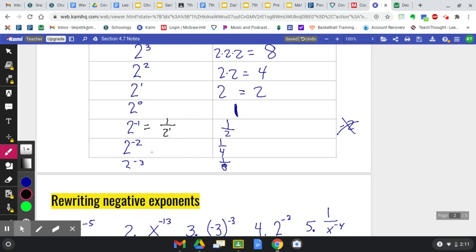That's where the 1/2 comes from. 2 to the negative 2 is really 1 over 2 squared. That's why it becomes 1/4. 2 to the negative third would be 1 over 2 to the third, right? And 2 to the third was 8, so it would be 1 over 8.